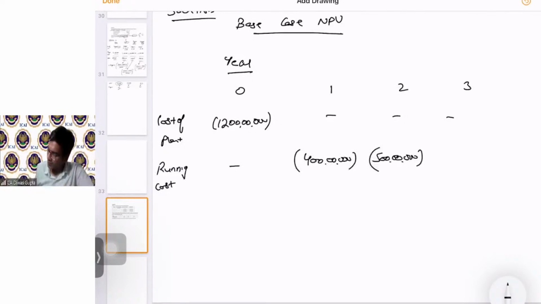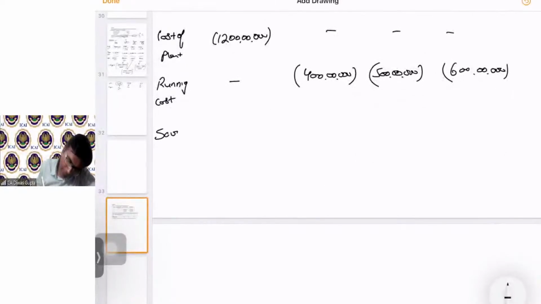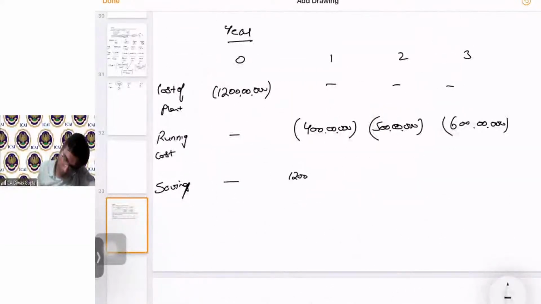5 crore year 2, 6 crore year 3. Then savings: first year 12 crore, then next year 14 crore, then last year 11 crore.